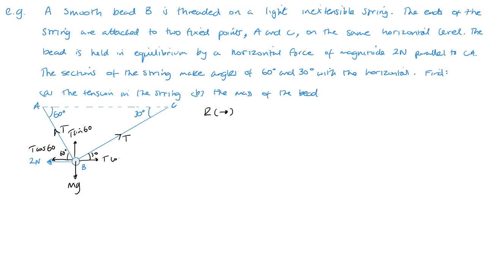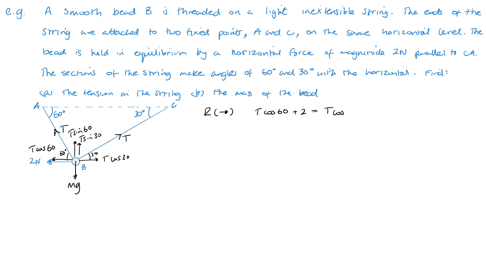So this will be T cos 30, and going up will be T sin 30. The 2 newtons is already going horizontal, and the mass is just going vertically down, so it isn't affected on the horizontal.